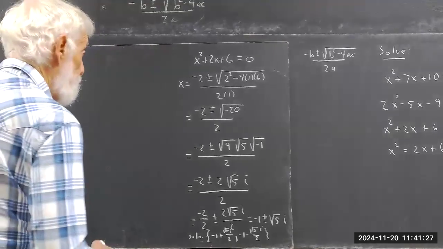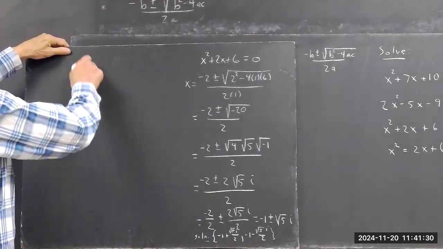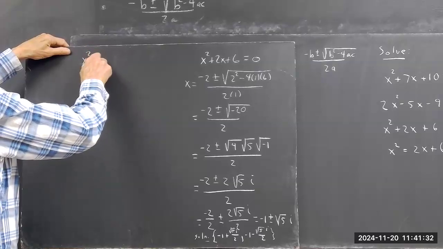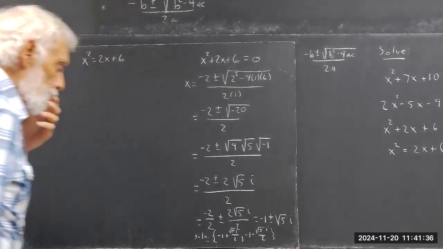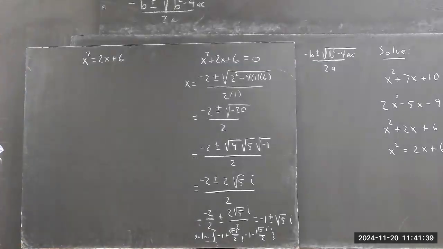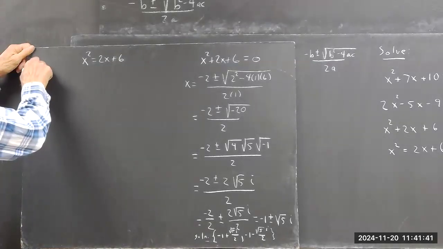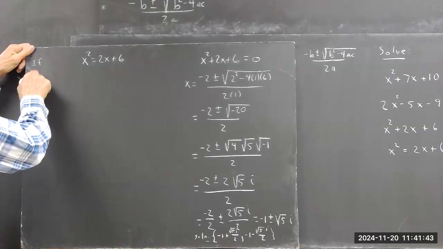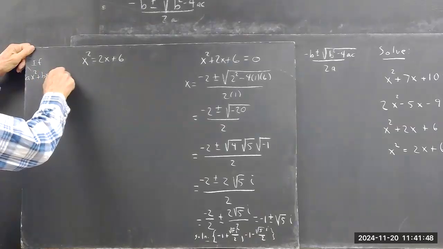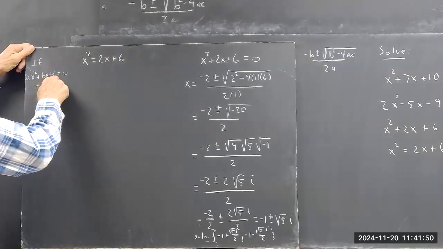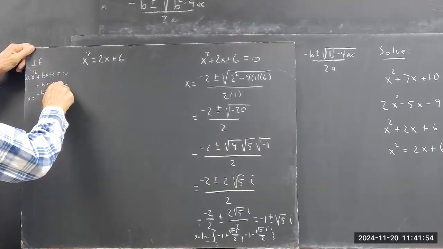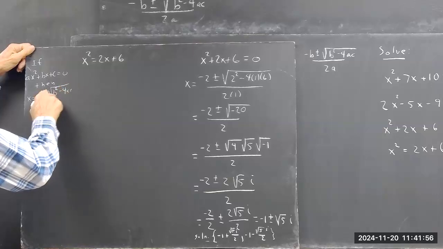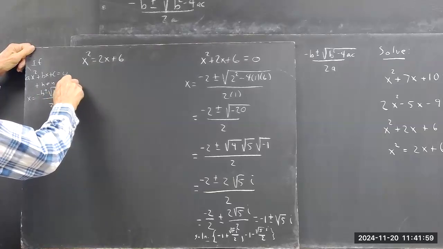All right, now let's take the last one. Now you remember the way the quadratic formula is stated. It says if ax squared plus bx plus c equals 0, then x equals negative b plus or minus square root of b squared minus 4ac, all divided by 2a.